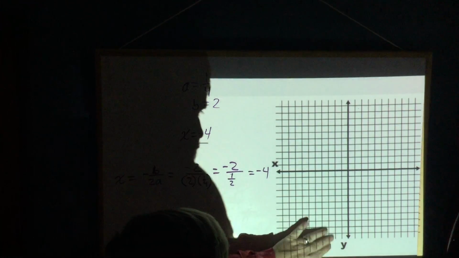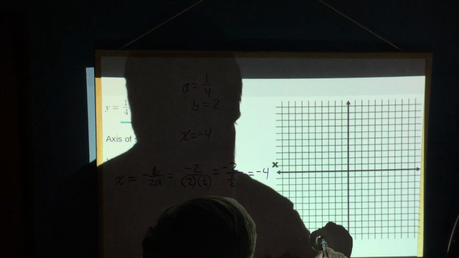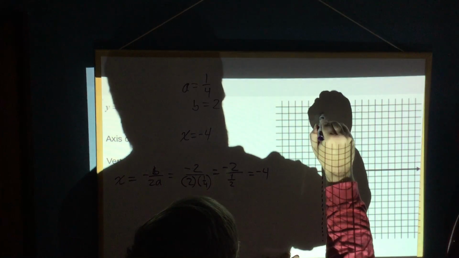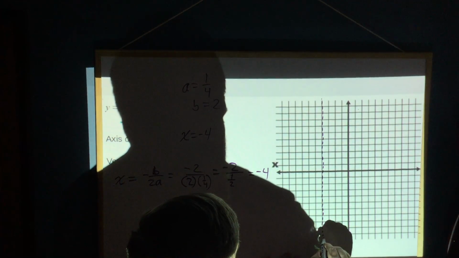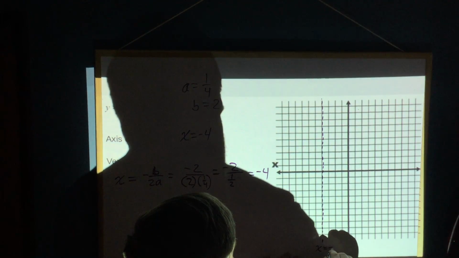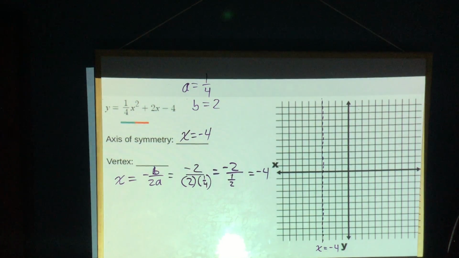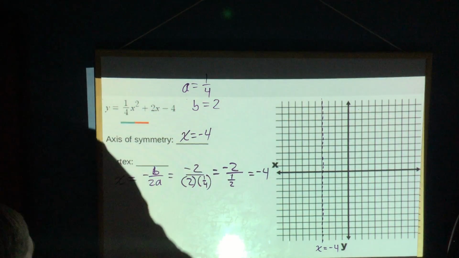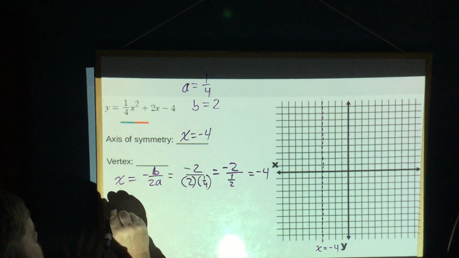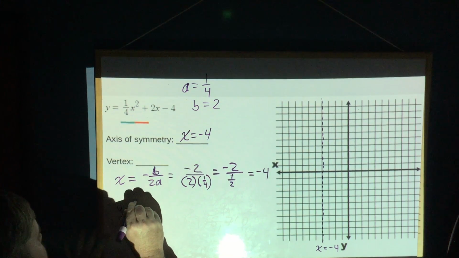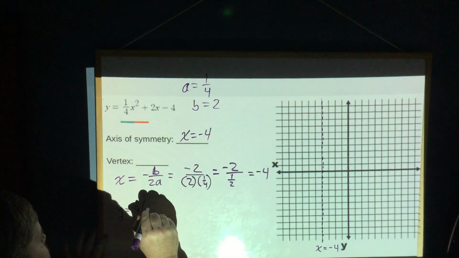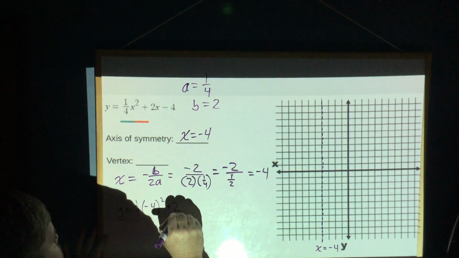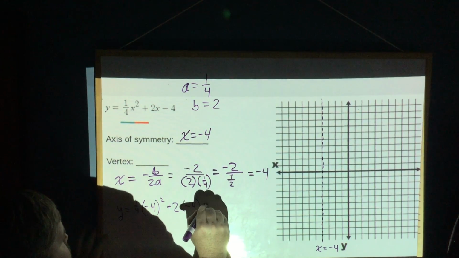So let me draw that in. And this one's going to open up, so I'm going to write that on the bottom. X equals -4. So plug in -4. Get y equals 1/4 of -4 squared plus 2 times -4 minus 4.